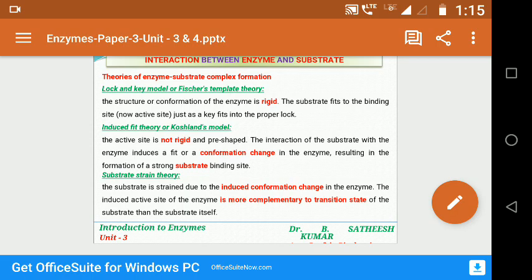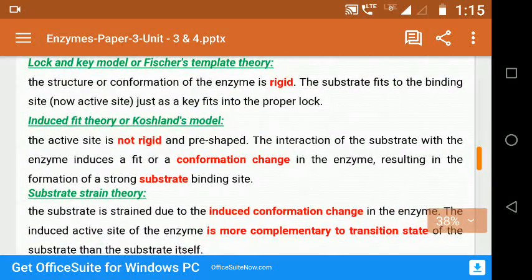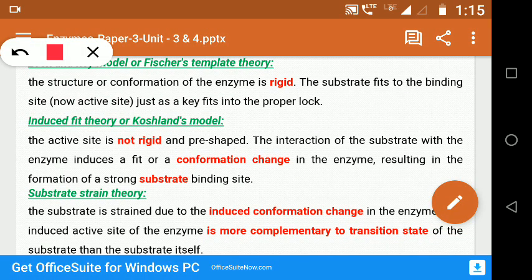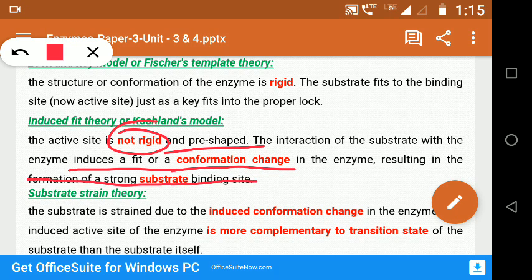So here you can see that in the induced fit model, the active site is not rigid or pre-shaped. The interaction of the substrate with the enzyme induces a fit or a conformational change in the enzyme, resulting in the formation of a strong substrate binding site. So this is what the induced fit theory explains.